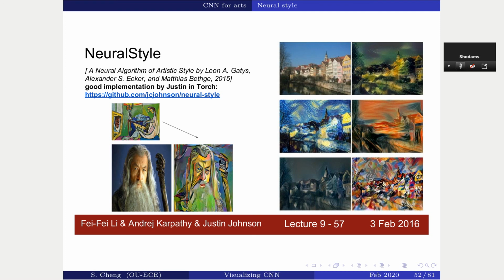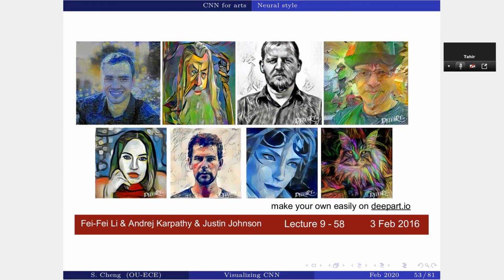For example, this one is the original. I can copy different styles into that and create different kinds of images. For that, of course, Adobe really loves that, and I think they probably already have that in the latest version or whatever.